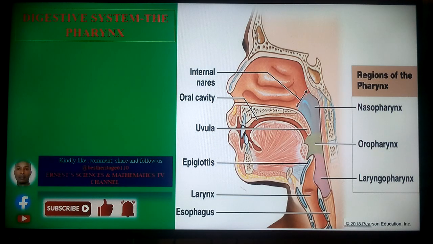Now in this case we're going to look at the initial stages we had discussed on the concept of swallowing, which basically constituted three processes: the buccal phase, the pharyngeal phase, and the esophageal phase.